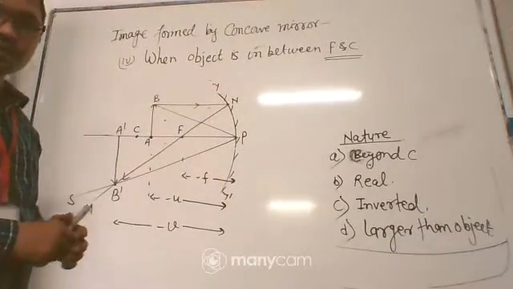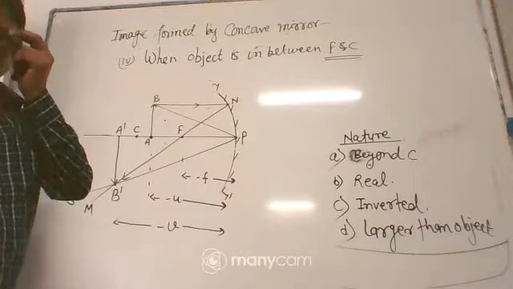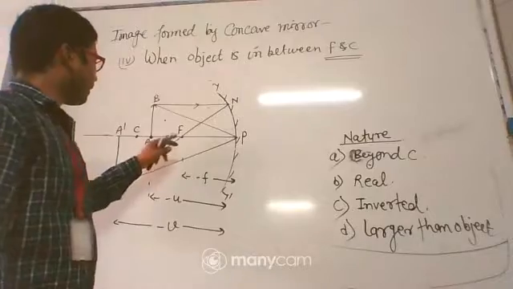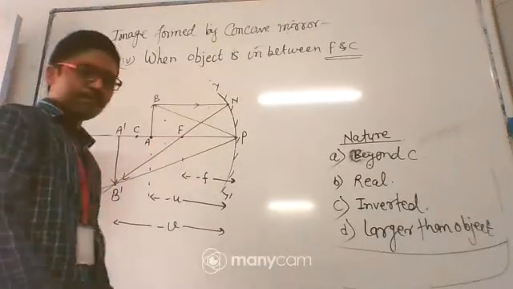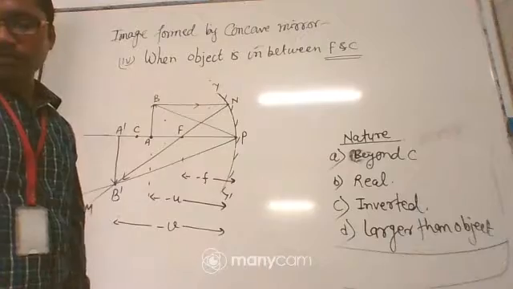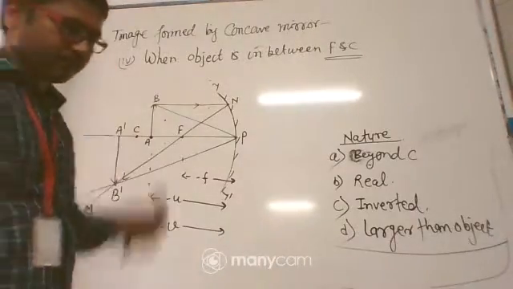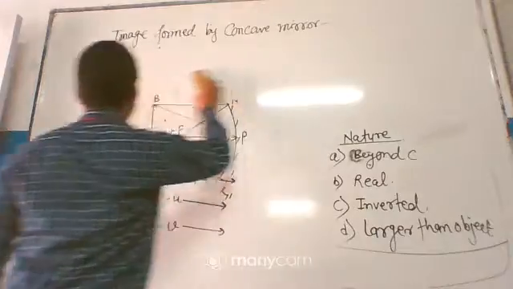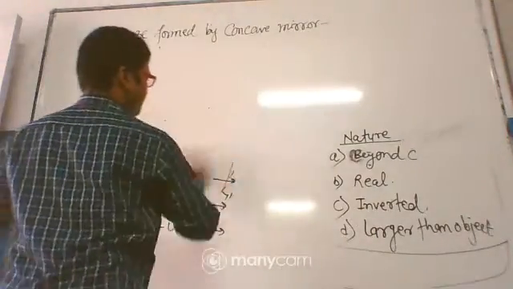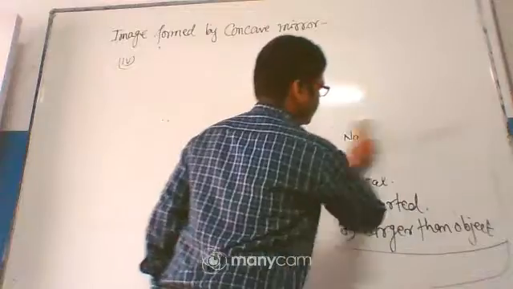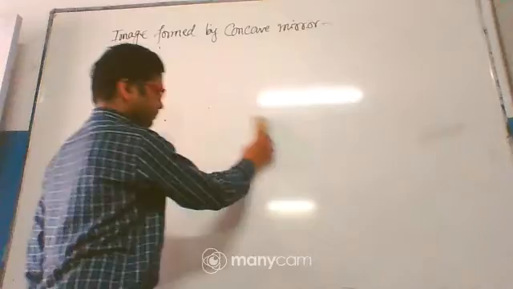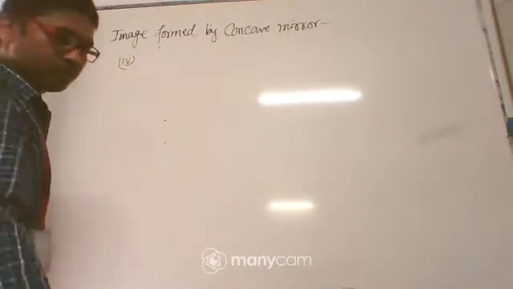Now we are ready to complete the next case, when the object is between F and P. Okay, this is a very interesting case when the object is between F and P. So let's see the next case.